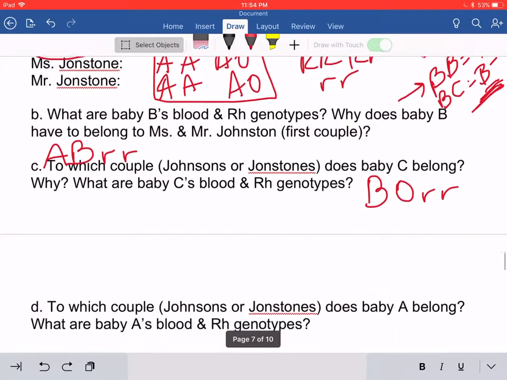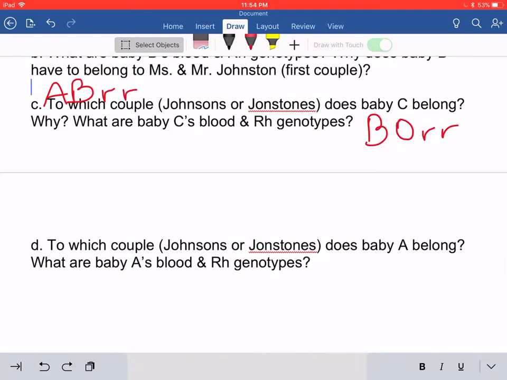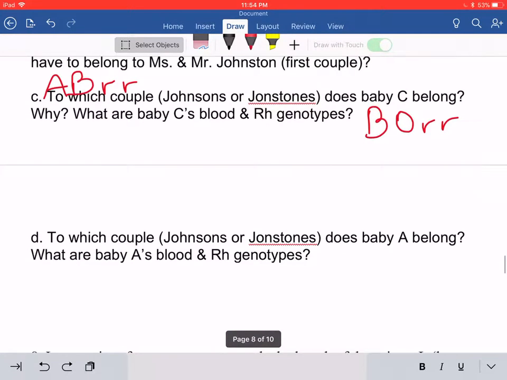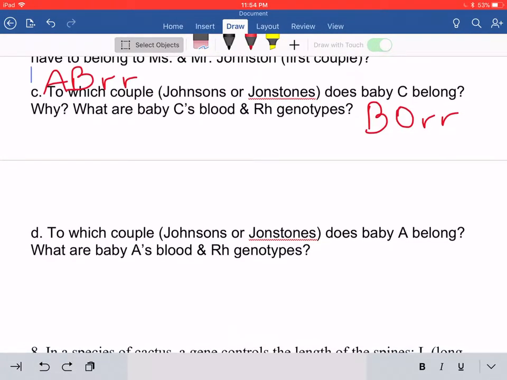Now let's look at this final question here. To which couple, Johnsons or Johnstones, does baby A belong to? What are baby A's blood and Rh genotypes? So we know baby A is O positive, which means that we know the genotype of the Johnstones, okay? And so here we have that they're going to belong to the Johnstones.